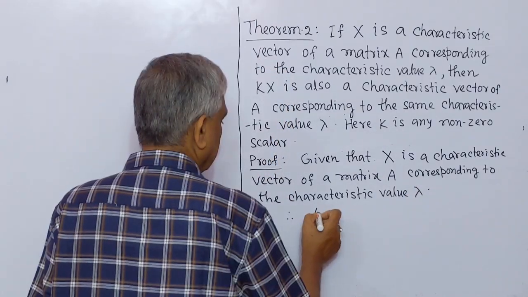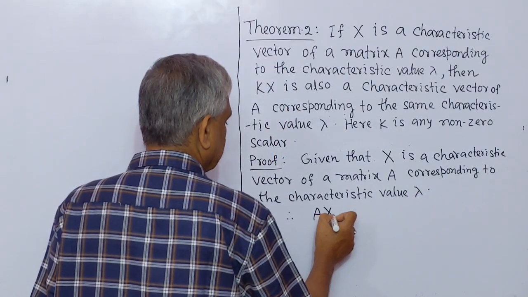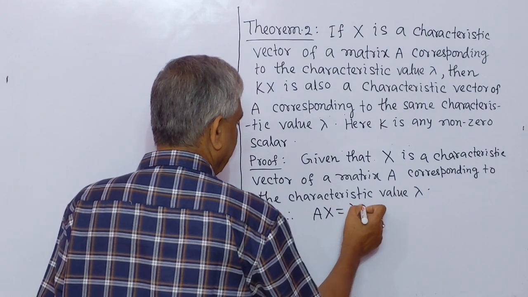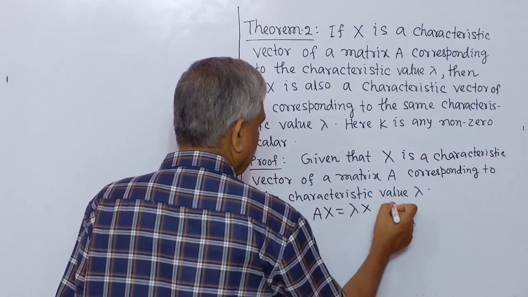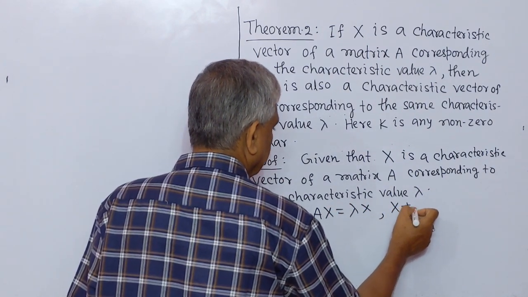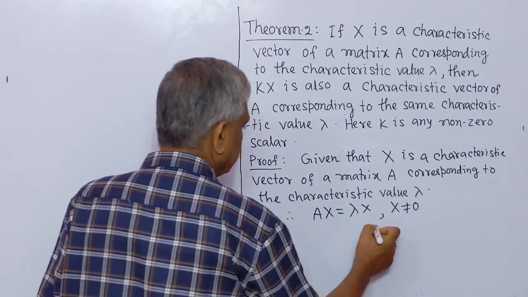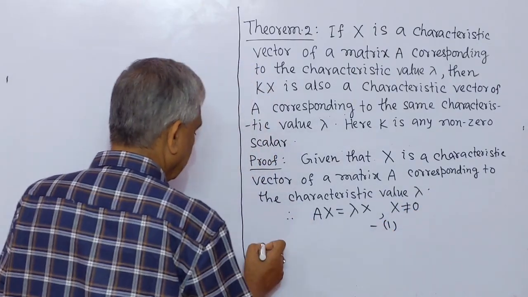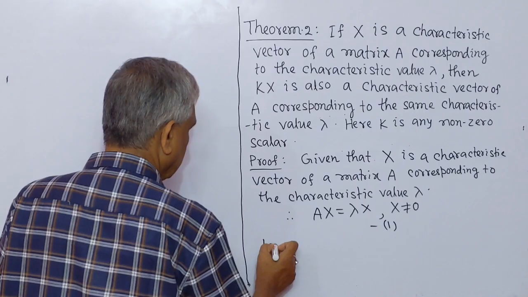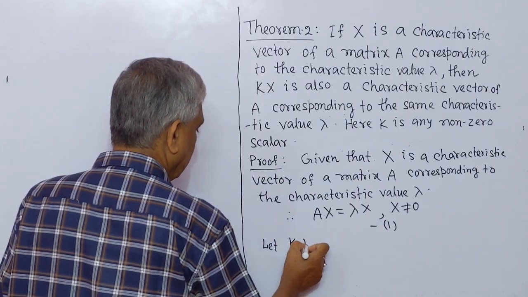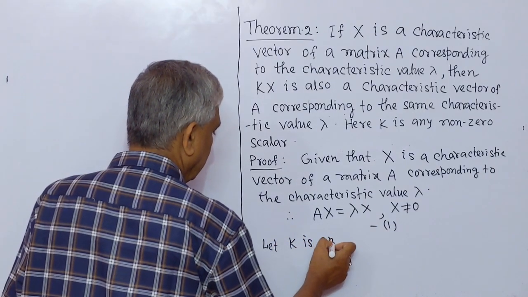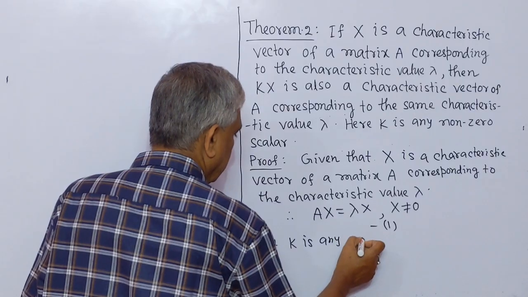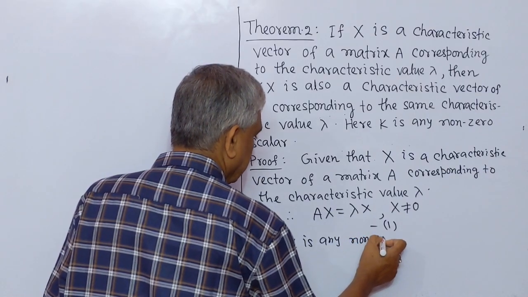Therefore, Ax equal to lambda x, x not equal to 0. This is number 1. Let k be any non-zero scalar.